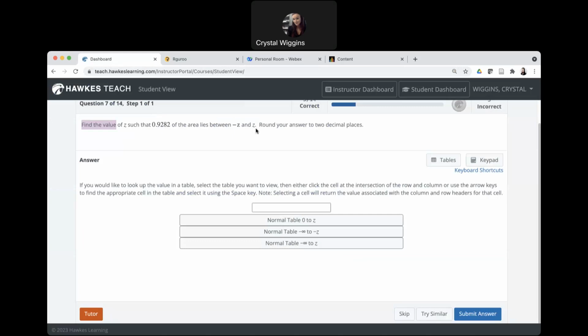The only time that happens is when the area is centered in the middle of the curve. So what we know is this is a centered area of 0.9282, and it lies between a negative and a positive z-score. Recall that the curve is symmetric, and if our center is always at 0, then you're going to have mirrored positive and negative numbers on either side of our curve.